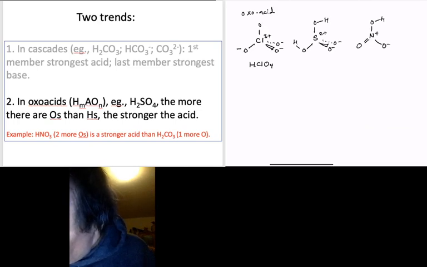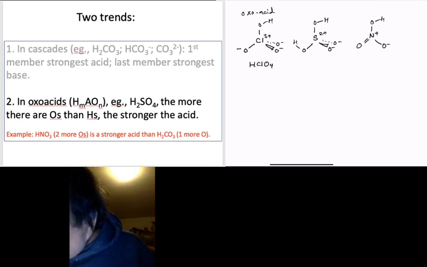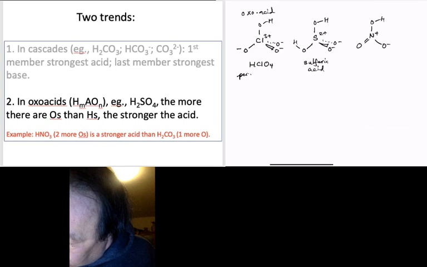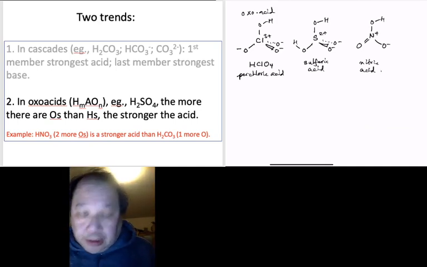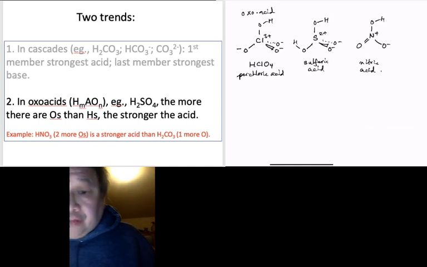So we have sulfuric acid, perchloric acid, and nitric acid. These are all very strong acids. And then I'll draw a couple of not so strong acids right here.